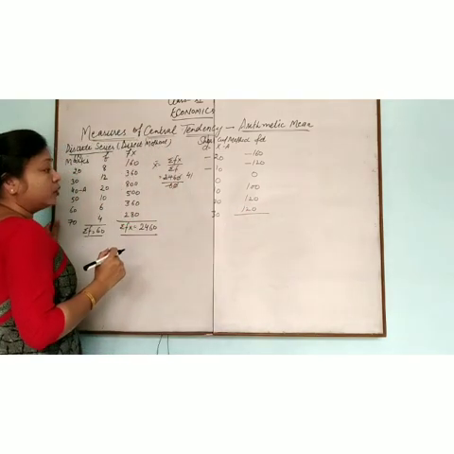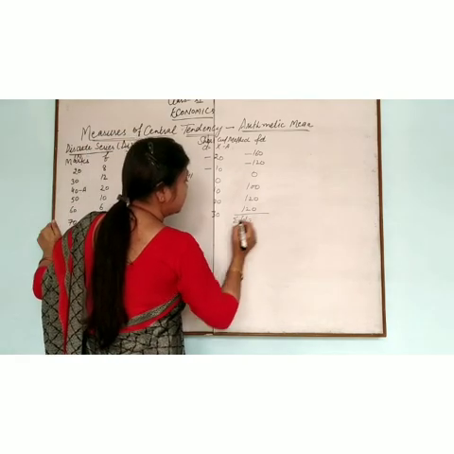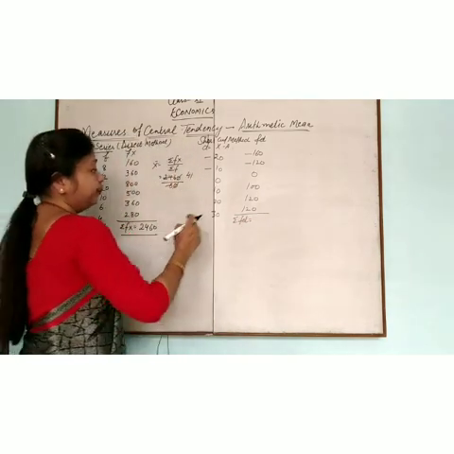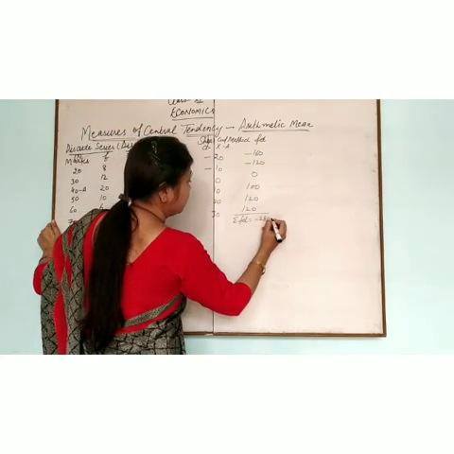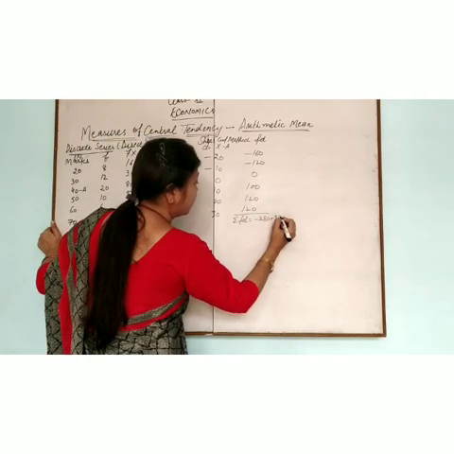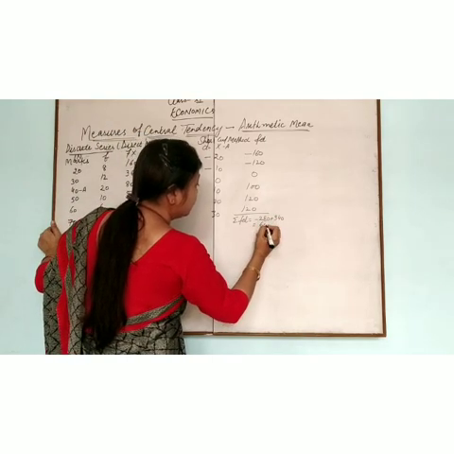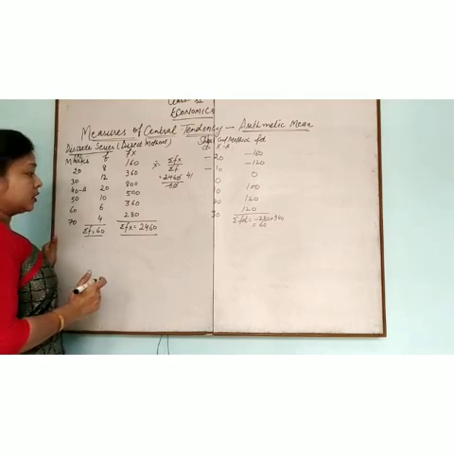The sum of all the values, the summation fd, is equal to minus 280 plus 340, that is equal to 60. The sum of fd is equal to 60.